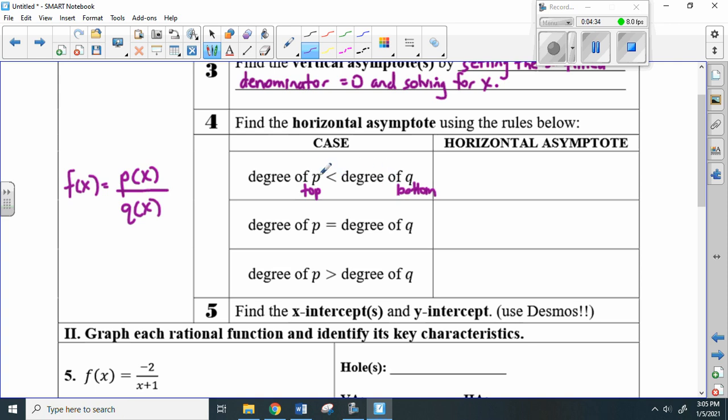If the top degree is less than the bottom degree, your horizontal asymptote is automatically at y equals 0. But if the degree of the top is equal to the degree of the bottom, then you have to do a little bit more work. You're still going to have a horizontal asymptote, and you can only ever have one of these.